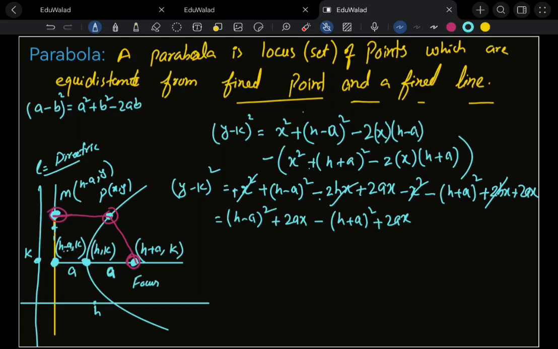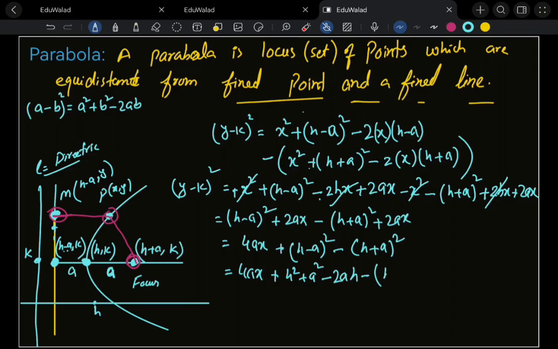So 2ax plus 2ax equals 4ax. So 4ax plus (h minus a) whole square minus (h plus a) whole square. Expand these whole squares as well. So 4ax plus h square plus a square minus 2ah, minus (h square plus a square plus 2ah).